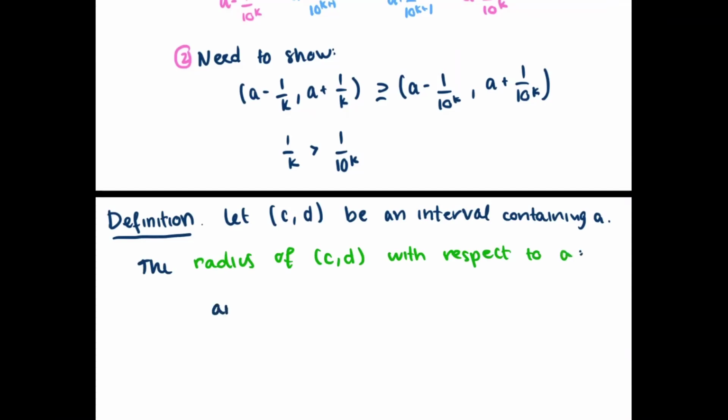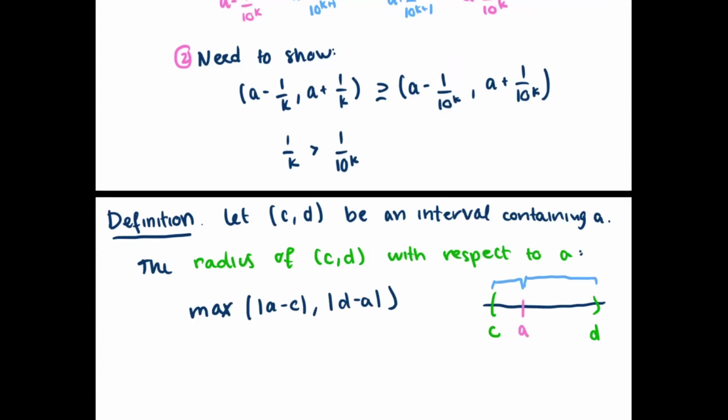It'll be the maximum of the distances of A to C and D to A. Okay, so in a picture, let's say this is C and this is D, and then A is somewhere in the middle, then the radius will be the maximum of these two distances.